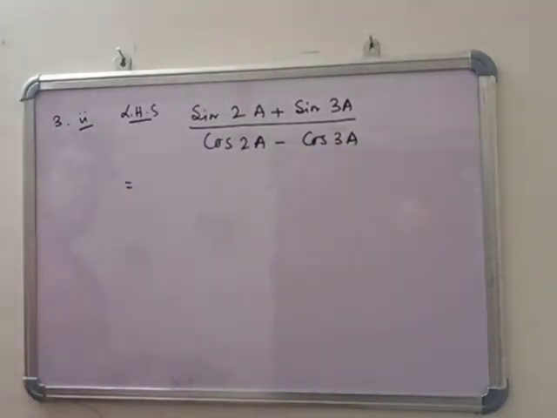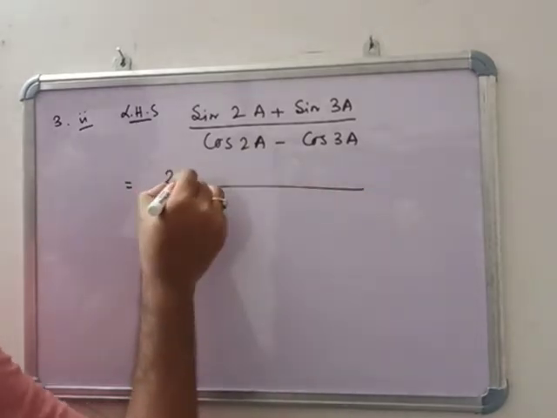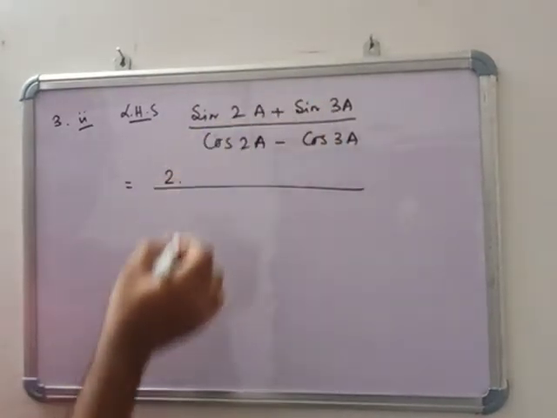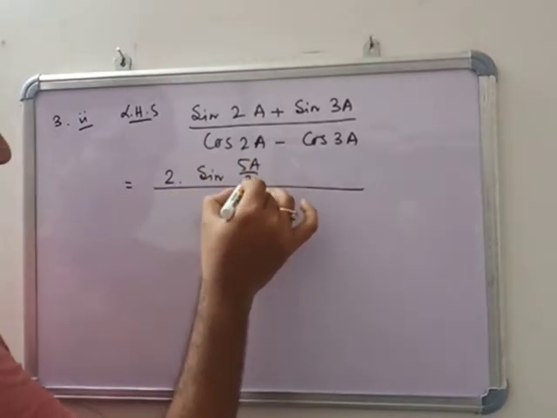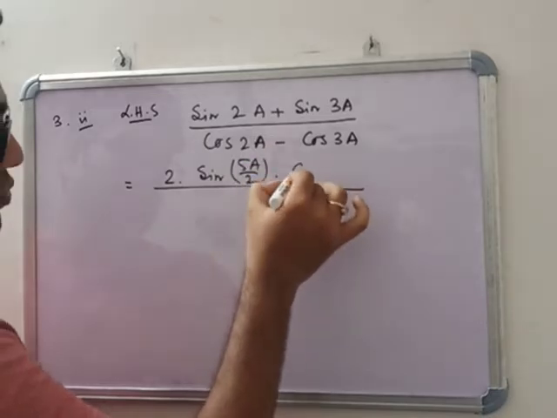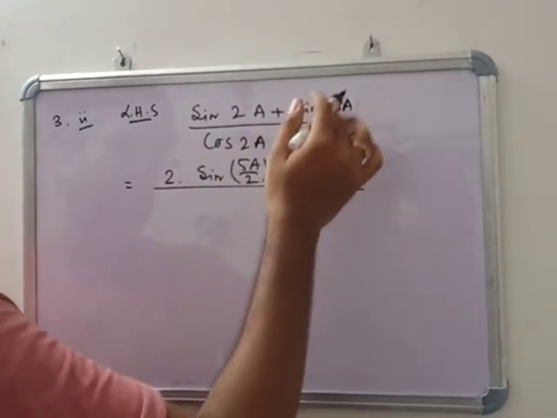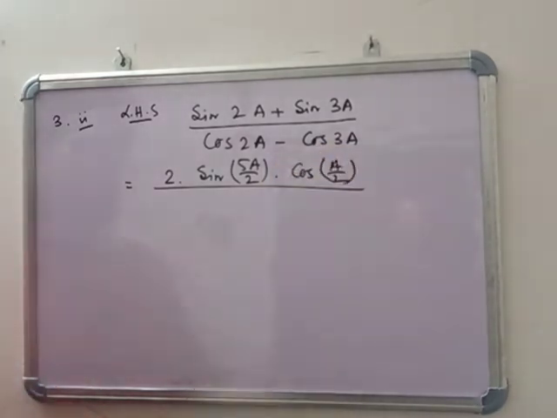So now sin C plus sin D by cos C minus cos D. So 2 sin cos, 3 plus 2 is 5, so sine of 5a by 2 into cos of a by 2.